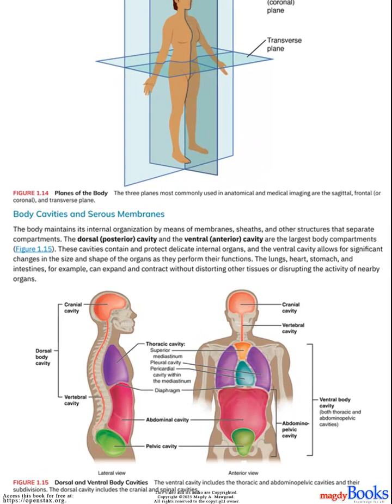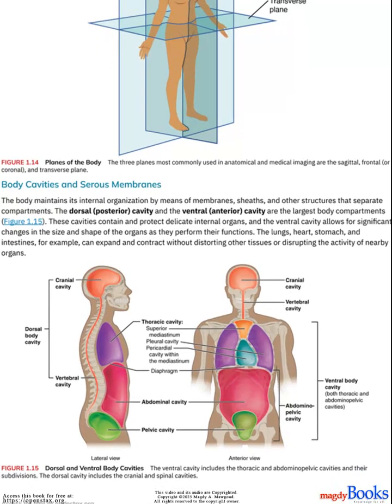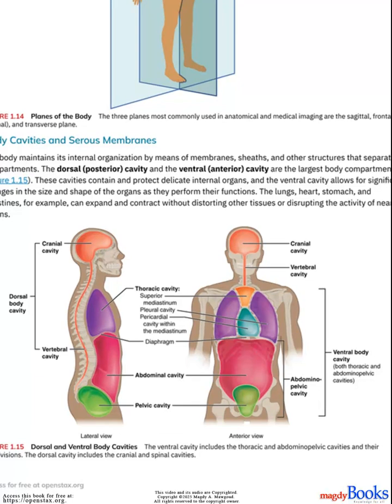Figure 1.15. Dorsal and ventral body cavities. The ventral cavity includes the thoracic and abdominopelvic cavities and their subdivisions. The dorsal cavity includes the cranial and spinal cavities. A. Lateral view. Dorsal body cavity. Cranial cavity. Vertebral cavity.